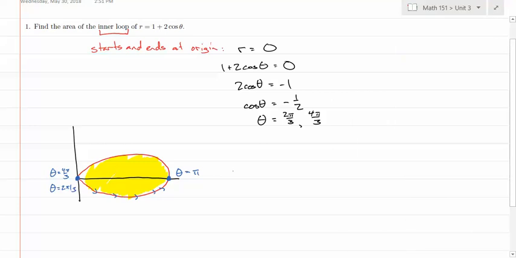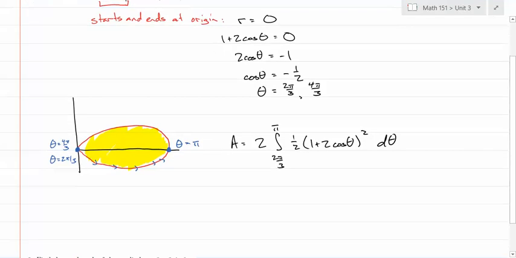So the area is twice the integral from 2 pi over 3 to pi, and to get polar area, you integrate 1/2 r squared d theta. The 2 and the 1/2 cancel, that's nice. So you have the integral from 2 pi over 3 to pi.